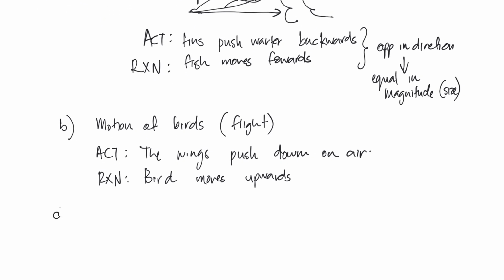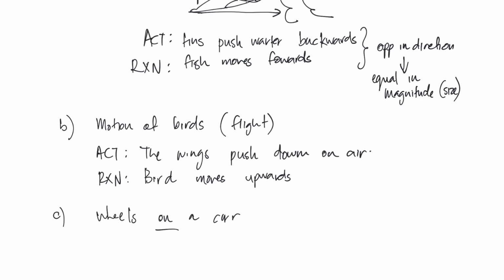Here's a more common one that we see often. The wheels on a car, right? So when you drive to school in the morning, consider the fact that the wheels need to spin in order for the car to move.